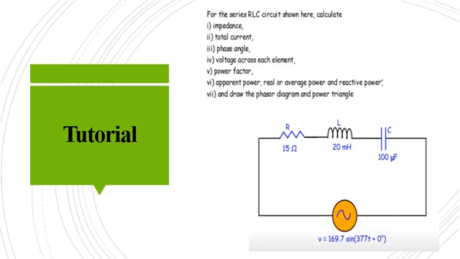Real power, or the average power consumed, will be Vrms Irms cos phi, and reactive power will be Vrms Irms sin phi. Then also draw the phasor diagram and power triangle. So try to work out this problem.